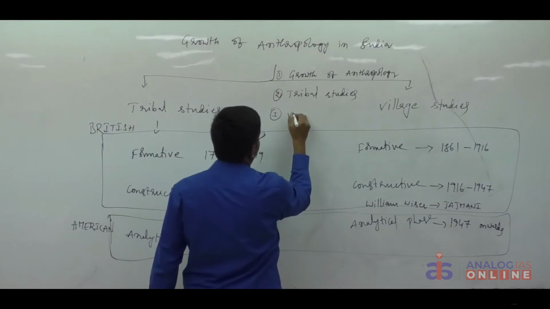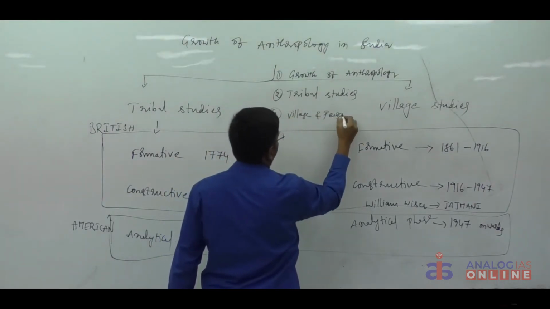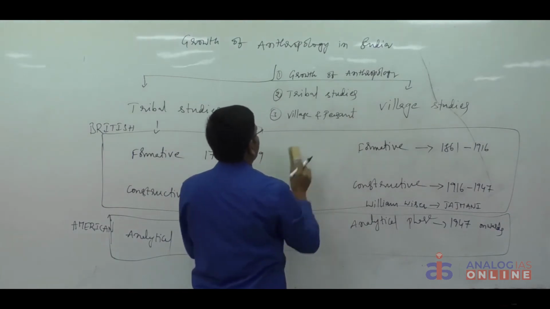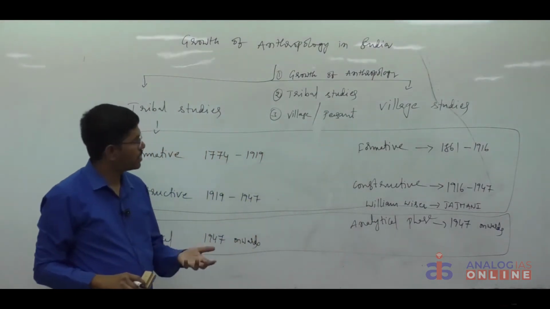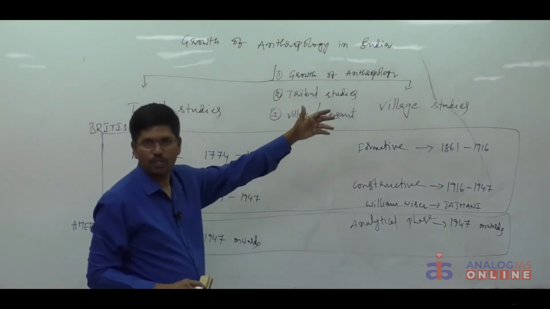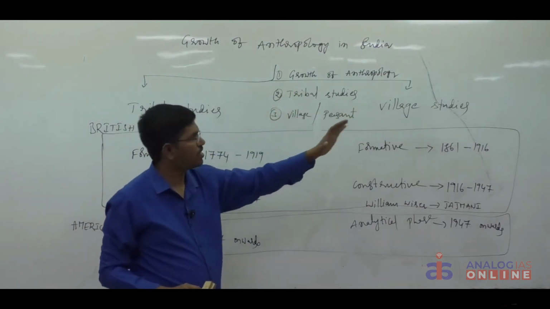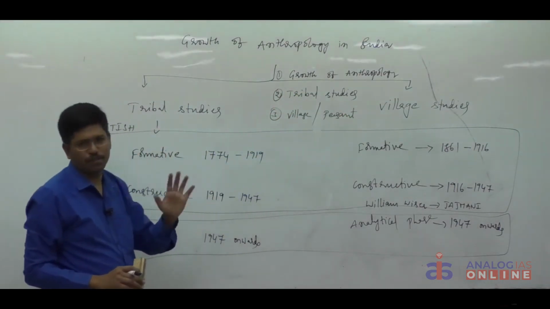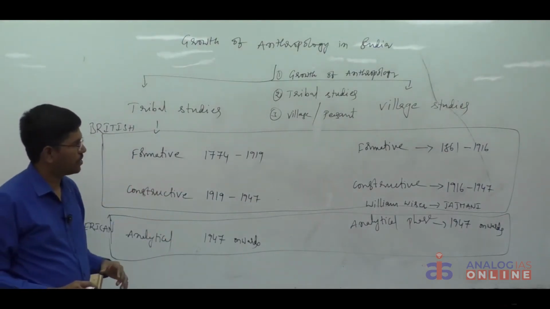Third one is the growth of village studies or peasant studies in India. Direct questions. Explain or discuss the growth of anthropology in India. Explain or discuss the growth of tribal studies in India. Explain or discuss the growth of village studies or peasant studies in India. You have to remember these facts and write the answer.